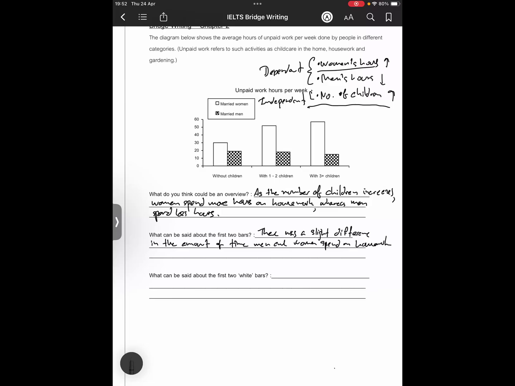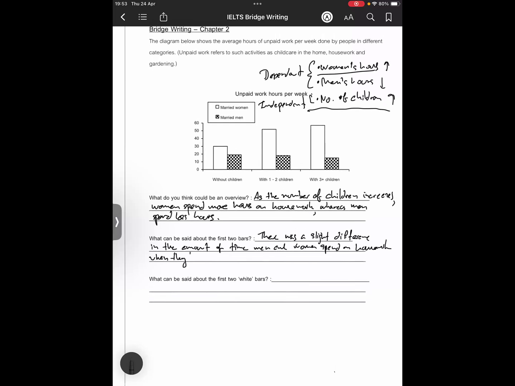All right, without children, but we can use a different wording: when they have no children. Okay, so there was a slight difference in the amount of time men and women spend on housework when they have no children.